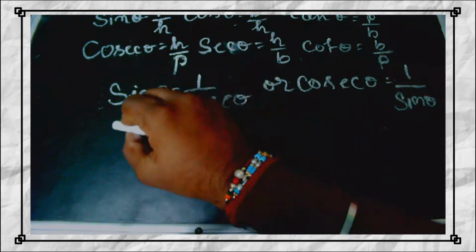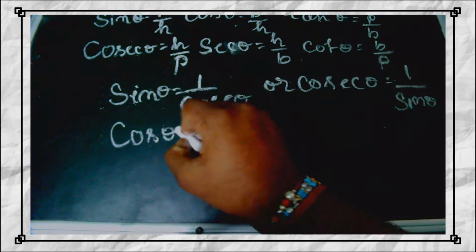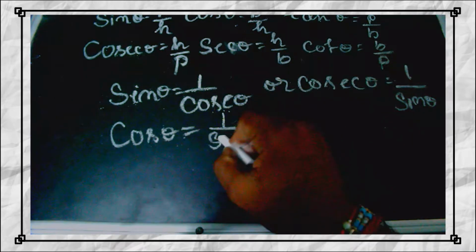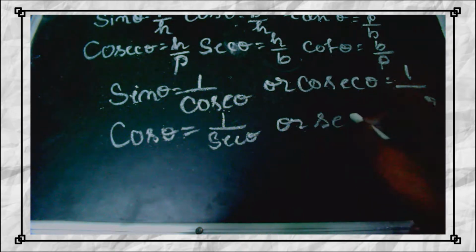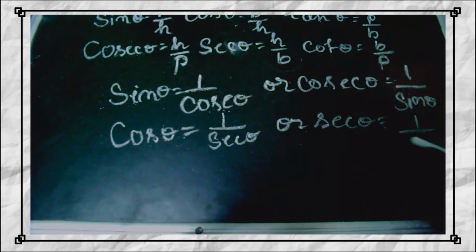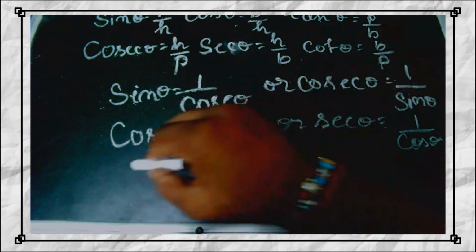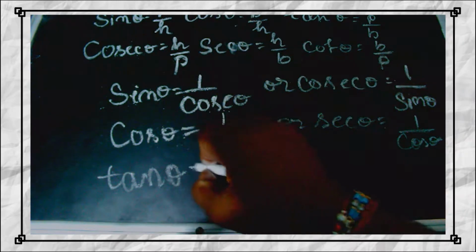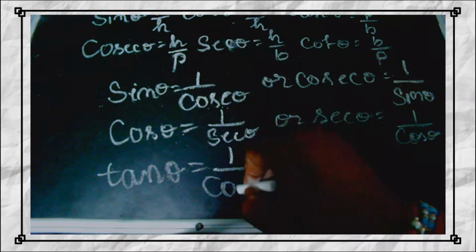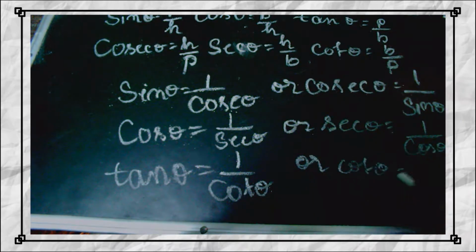So we can write that cos theta equals 1 by sec theta, or sec theta equals 1 by cos theta. Now in case of tan theta, tan theta equals perpendicular by base and cot theta equals base by perpendicular. So cot theta is actually the reciprocal of tan theta. So we can write tan theta equals 1 by cot theta, or cot theta equals 1 by tan theta. So this was it.